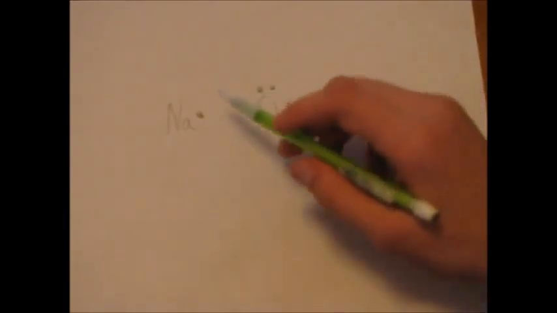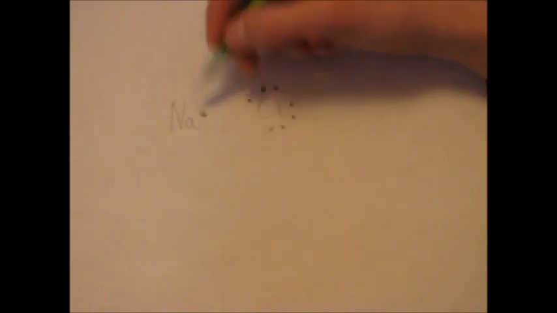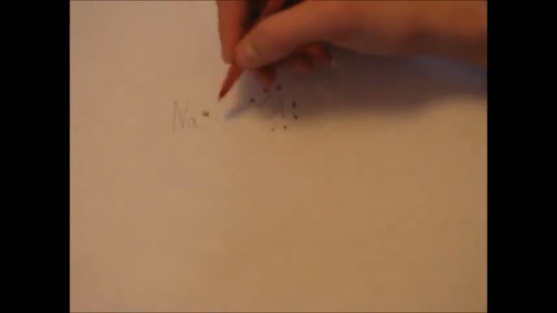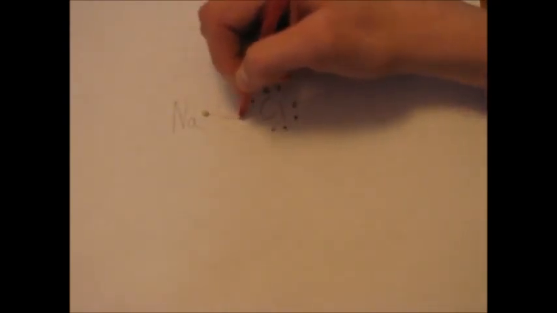Now chlorine is going to want to borrow one of sodium's valence electrons. This electron is going to go over here and make chlorine have 8.